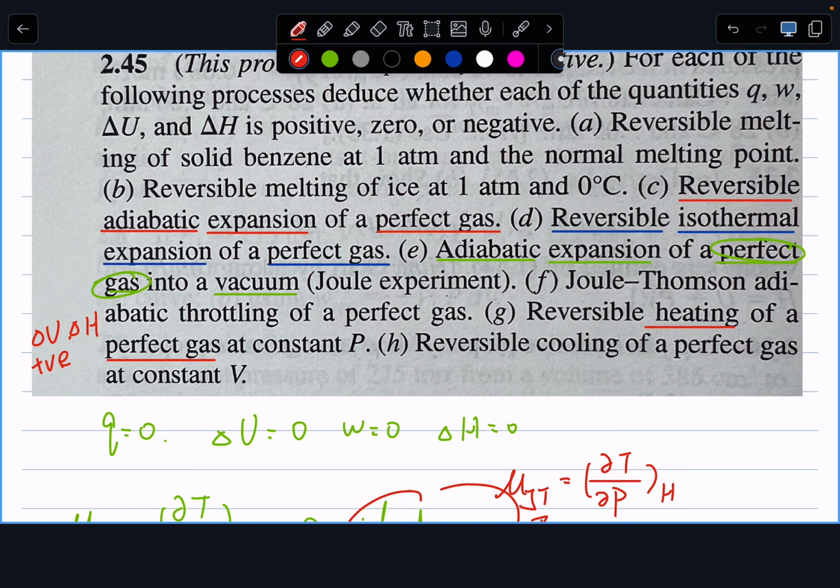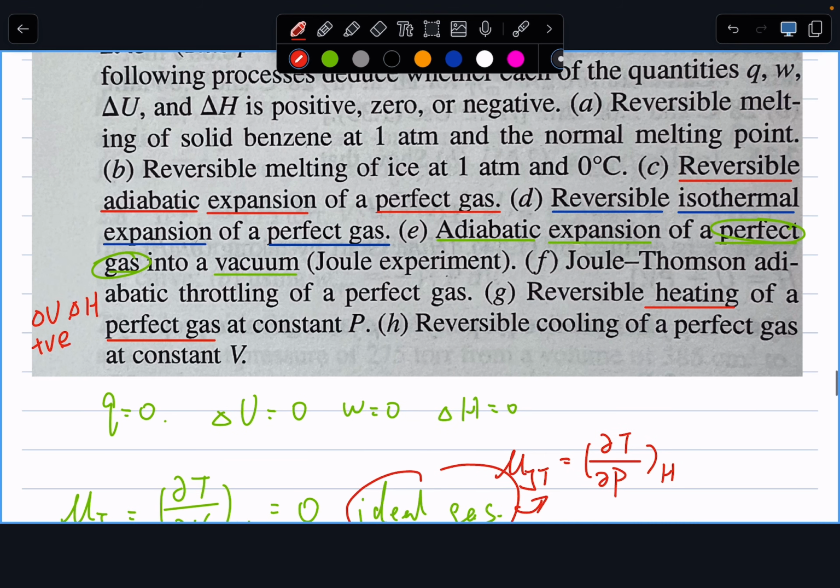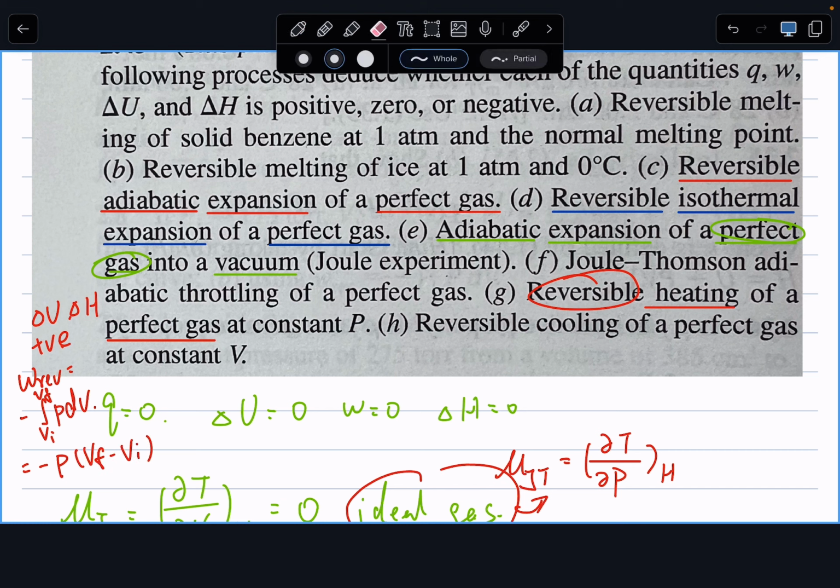In this case, we're talking about the change at constant pressure. So my work reversible, since it's reversible heating, equals negative integral from V initial to V final of P dV. Now in here, we have constant pressure, so taking pressure out, that's P times V final minus V initial.